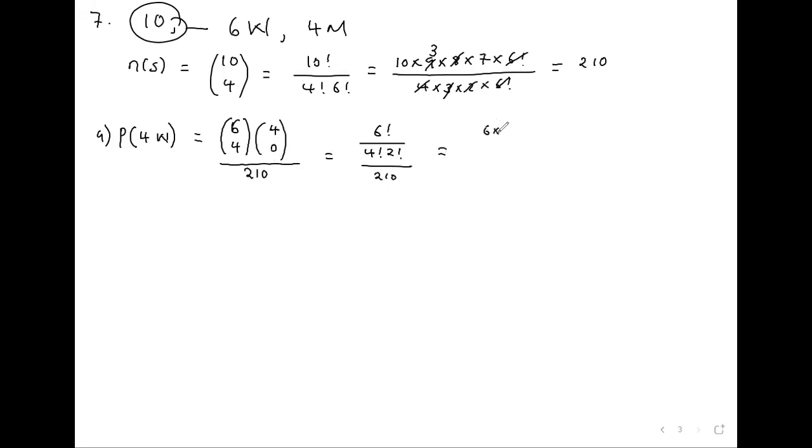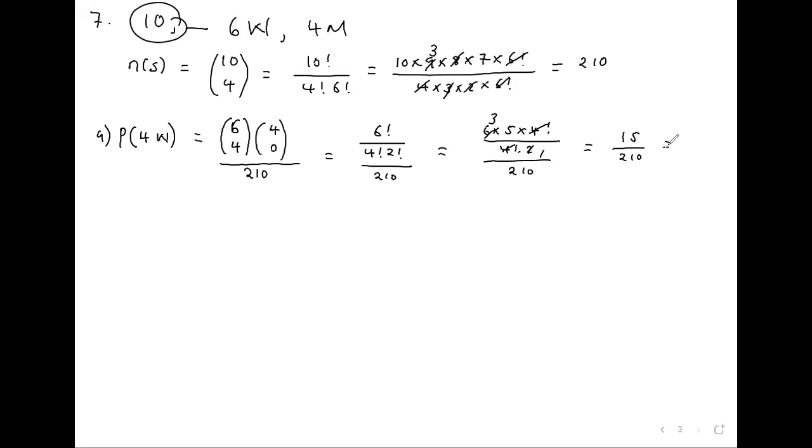This is 6 by 5 by 4 factorial over 4 factorial by 2. So this will go 2 there, 3 there, over 210. So we'll get 15 over 210.